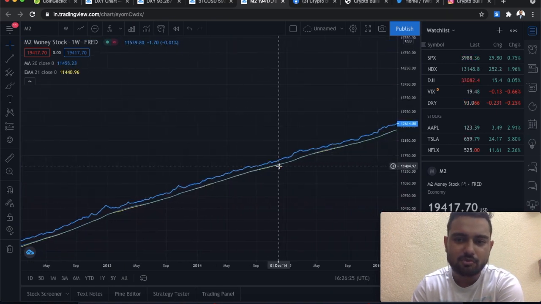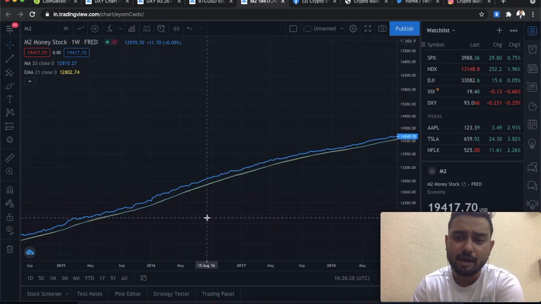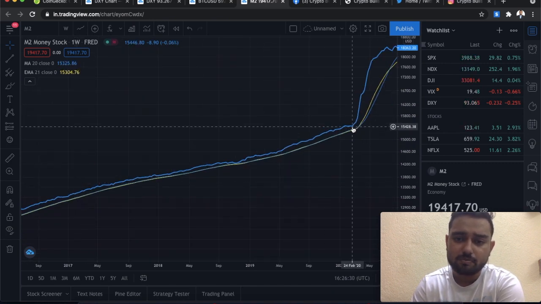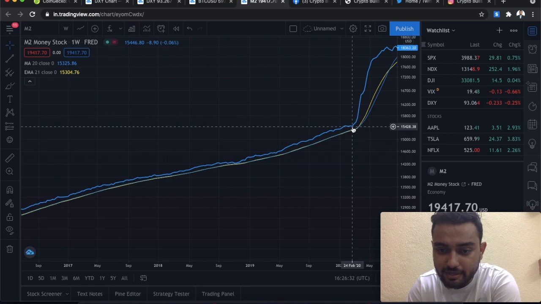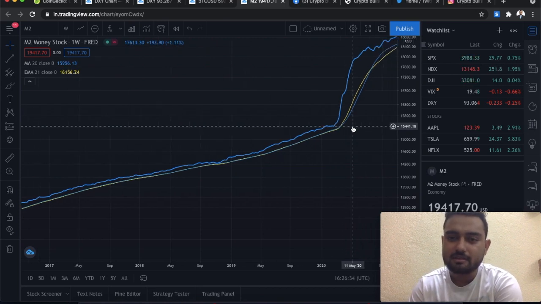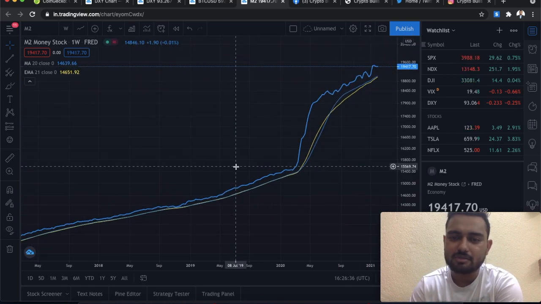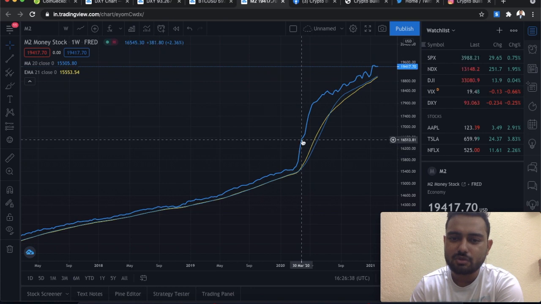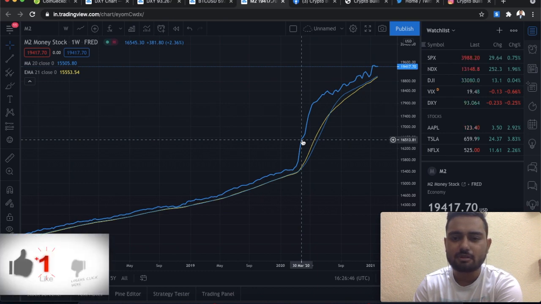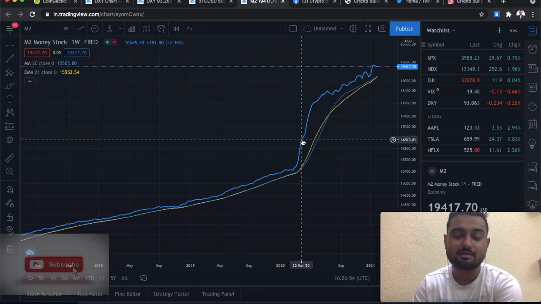All of the things were moving smoothly, but from 2020 this thing started picking up, and this was more or less due to the coronavirus breakout. The US government gave out some stimulus money, and they've given away something like $9 trillion. That's amazing, isn't it?